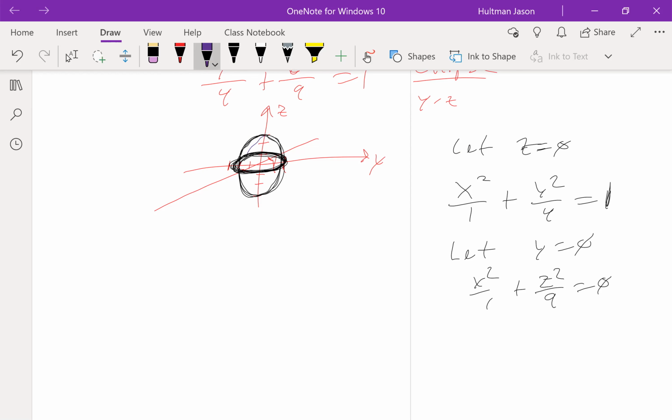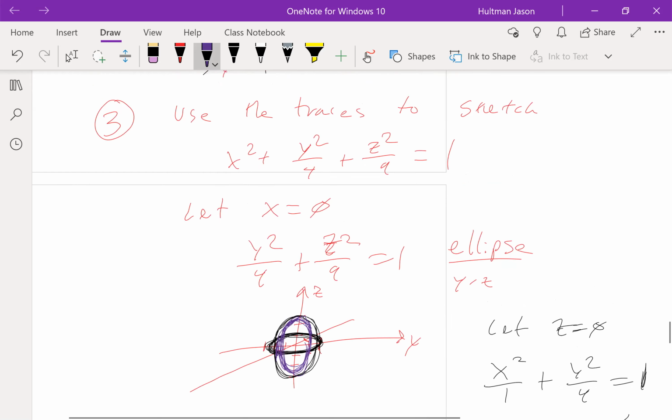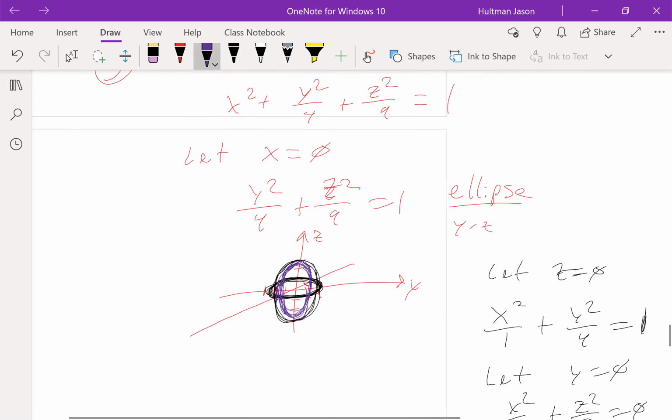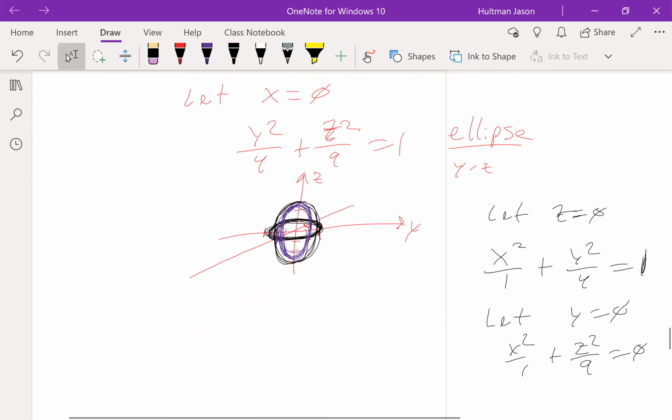And I'm going to go here, and then here, and then here, boom, like this. Okay, and so I get those traces, those slices, and that allows me to draw this ellipse. Make sense?